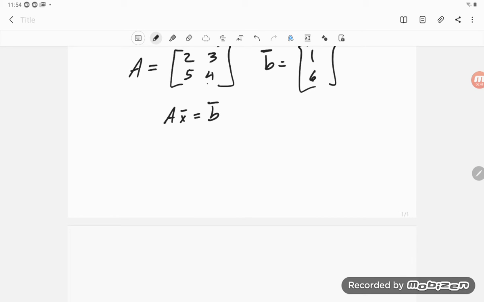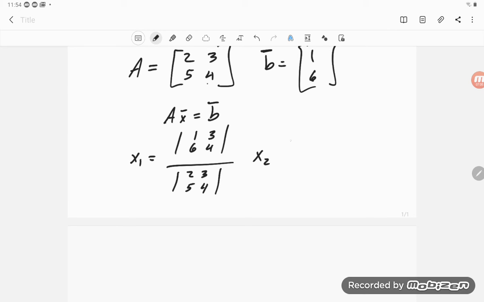what I can tell you is that x1 is going to equal the determinant of 1, 6, 3, 4 over the determinant of 2, 3, 5, 4.